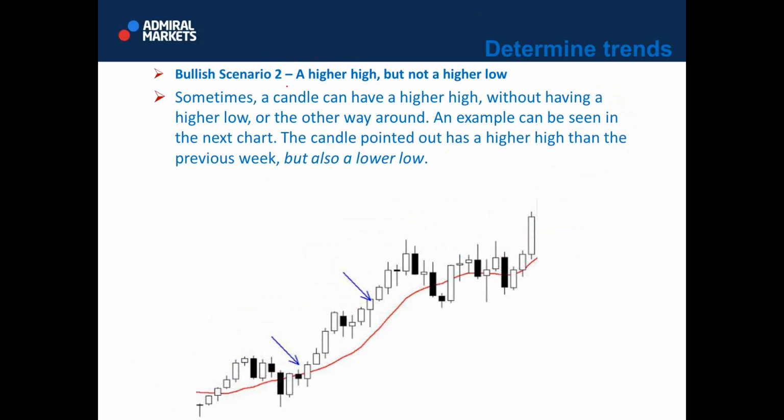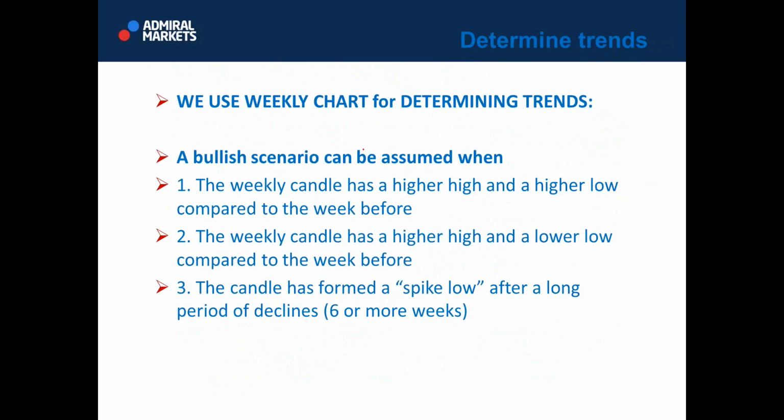What is bullish scenario number 2? We have higher highs but not a higher low. So this is a higher high, but you see we don't have a higher low. This low is a little bit below the previous low. But still it's a bullish trend. So to determine a trend, we need one of these 3 rules.